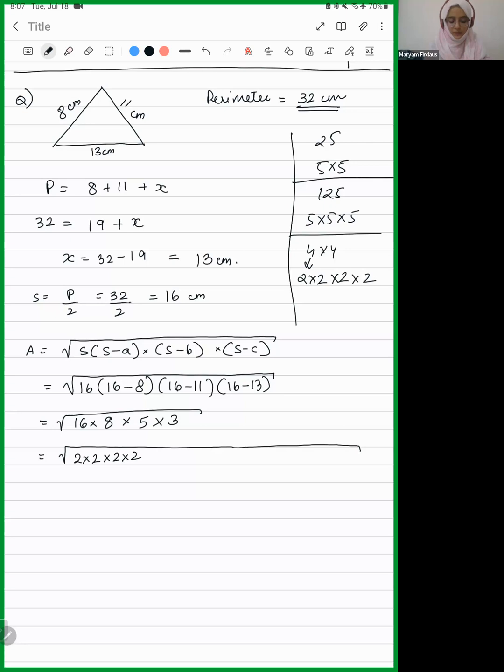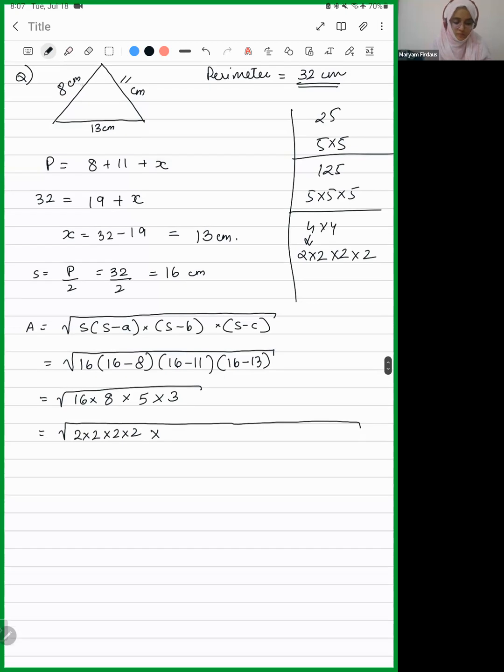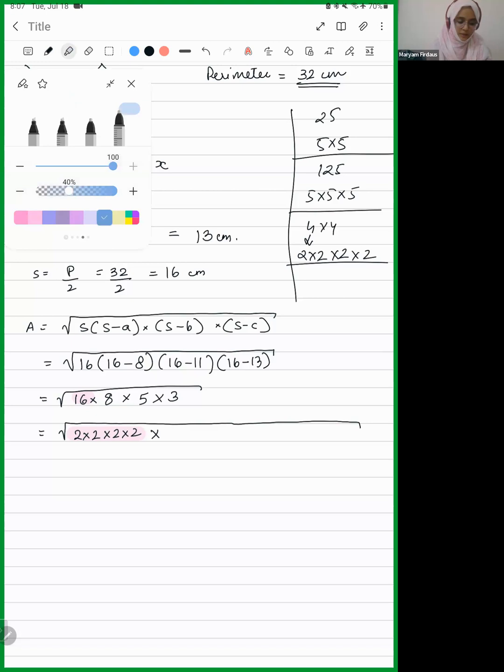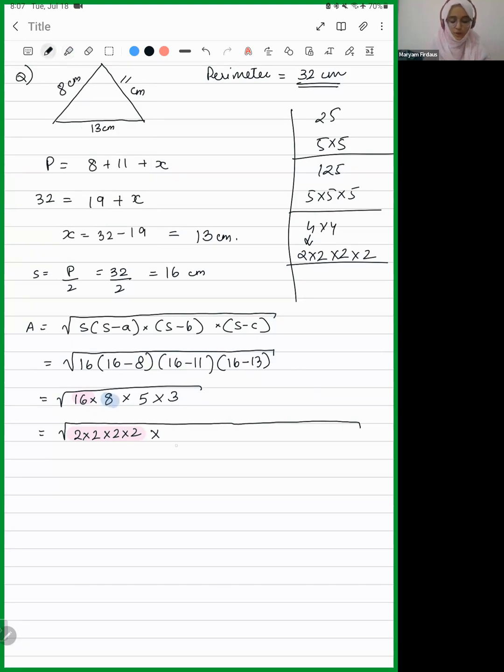Then what is 8? 8 will be 2 multiplied 3 times. So 2 multiplied by itself 3 times. 2 cube is 8. Okay, then 5 and 3 will be as it is because they are themselves prime numbers.